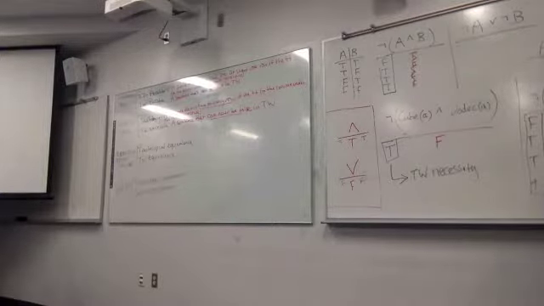So we'll work the values as follows: false, false, true, true, false, true, false, true. And now we know that our disjunction is false when and only when each of the disjuncts is false. So we get false, true.